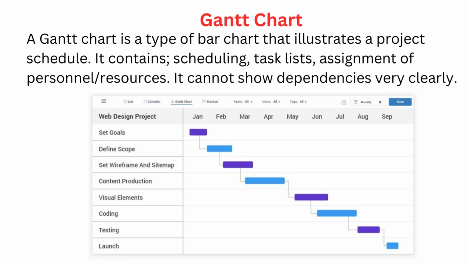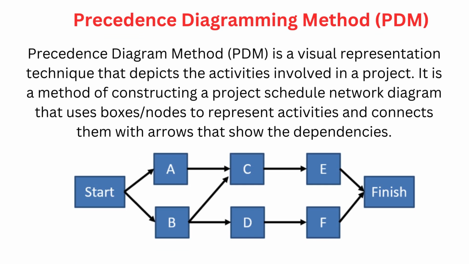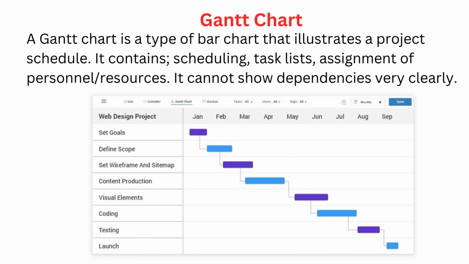While Gantt charts can show dependencies between tasks, they don't emphasize them as much as they are shown in the PDM diagrams. If you look at the PDM diagrams on our previous screen, the dependencies are clearly visible, right? Task C is dependent on completion of tasks A and B. But in the Gantt charts, it's not so clear, right?